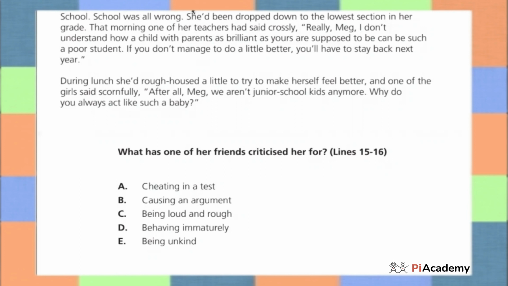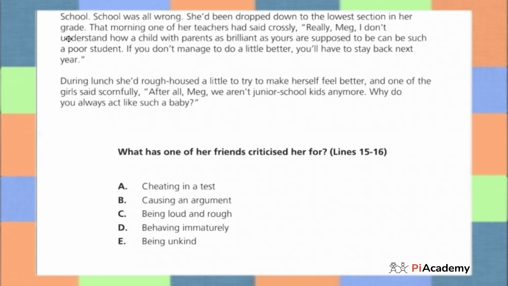If you don't manage to do a little better, you'll have to stay back next year." During lunch, she'd roughhoused a little to try to make herself feel better, and one of the girls said scornfully, "After all, Meg, we aren't junior school kids anymore. Why do you always act like such a baby?"